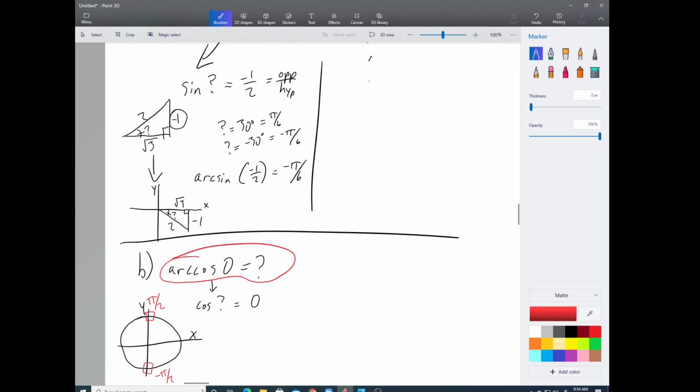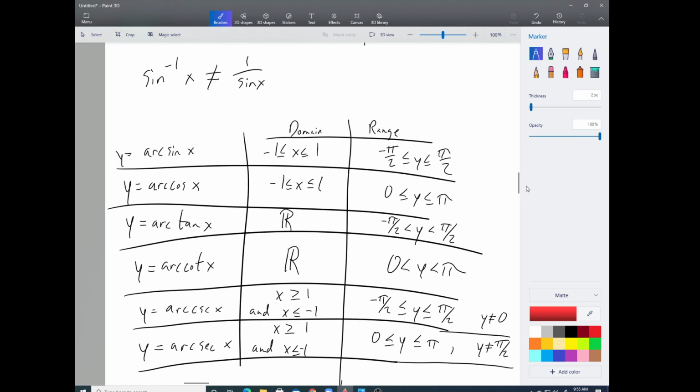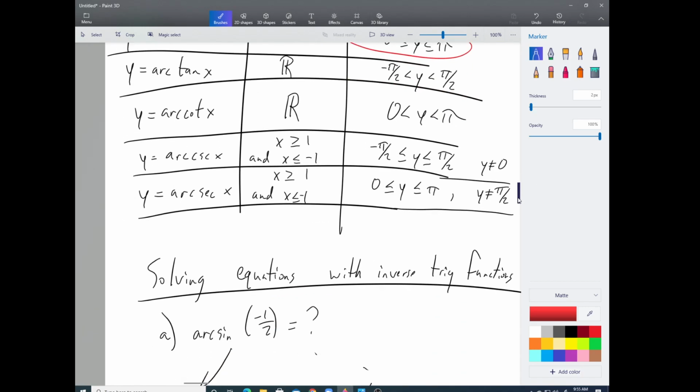We wrote the range of our arc cosine earlier. Your pi over 2, because the range of your arc cosine goes from 0 to pi. Negative pi over 2 is not inside of that.